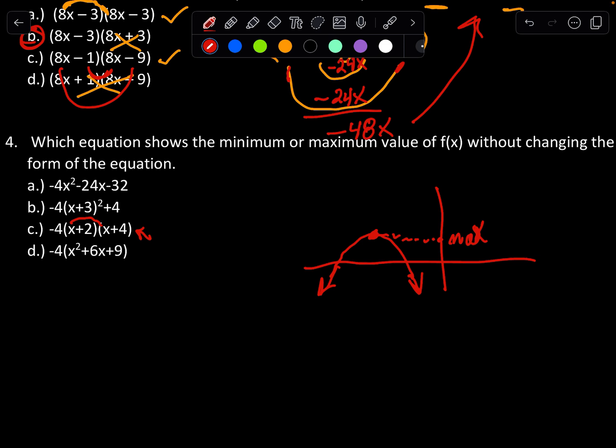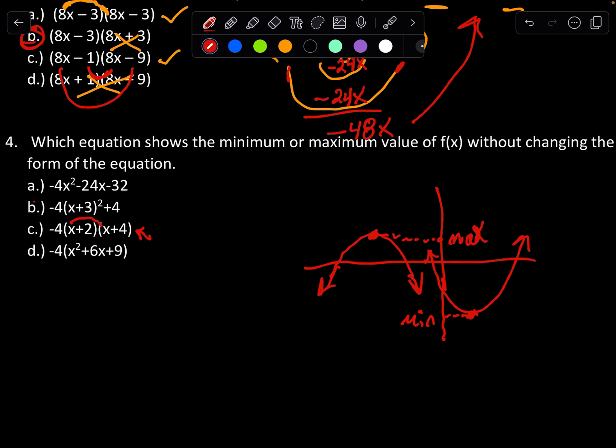And if it opens upward, I'll write it like that. There we go. If it opens upward, then that vertex is a minimum value for the parabola, it goes as low as that value, but the vertex is always going to be either the max or the minimum.